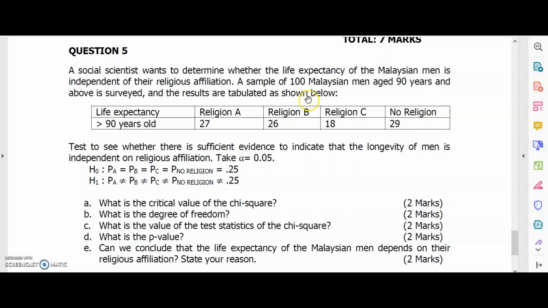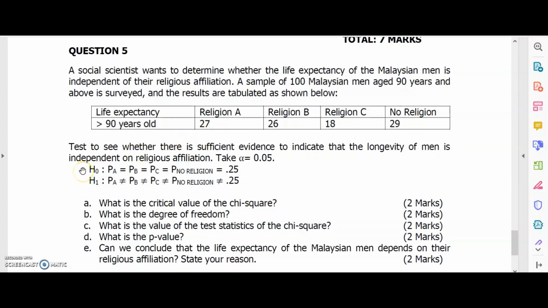Since we have four categories, we divide it by 100. So the population proportion for religion A, B, C, and D is supposed to be 25% each.